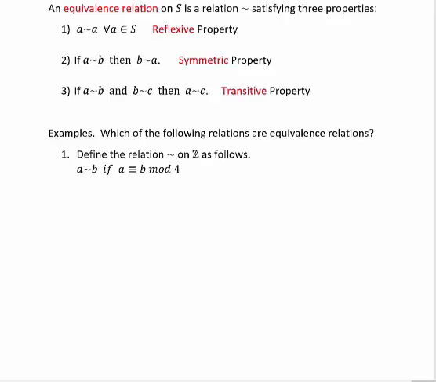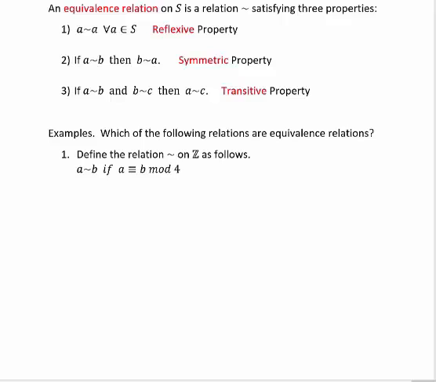Number 2, if A is related to B, then B is related to A, the symmetric property. And 3, if A is related to B and B is related to C, then A is related to C, the transitive property. If these 3 properties hold, then the relation is called an equivalence relation.